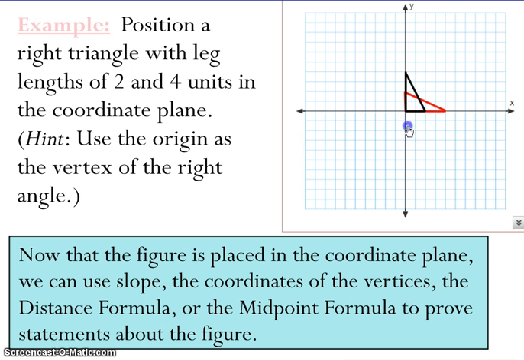So now that we actually have the figure in the coordinate plane, we can use slope, the distance formula, and the midpoint formula to figure out if the triangle that we drew is in fact a right triangle. Just as a refresher, remember that the formula for slope is y2 minus y1 over x2 minus x1. So that's one of the formulas I should have included at the beginning as well.